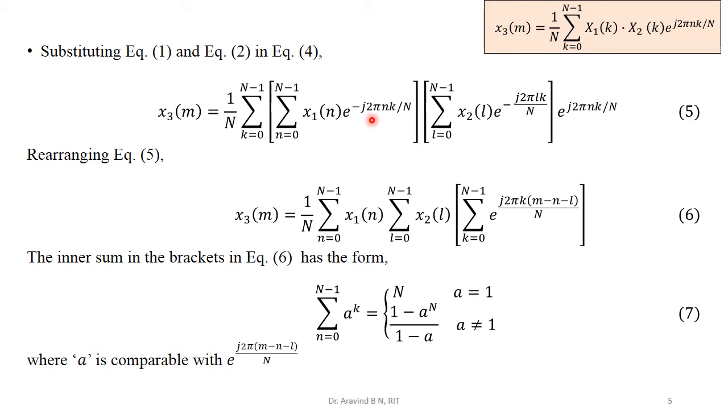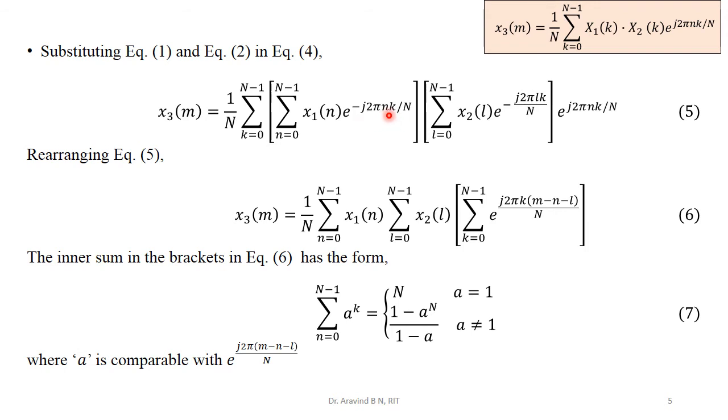this summation k equal to 0 to N minus 1 has been written over here. Along with that, all three exponential terms are combined together and written as one exponential term, because we can observe that in all the exponential terms j2 pi k divided by N is a common factor.